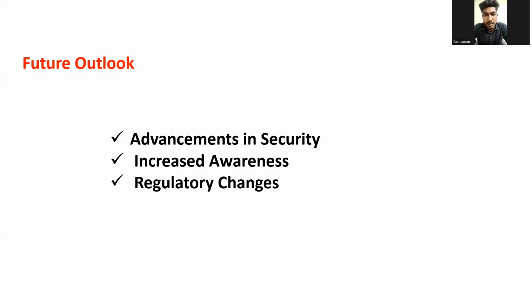Increased awareness: growing awareness of cybersecurity threats may lead to wider adoption of PGP. And similar to other encryption tools, regulatory changes in regulations and policies governing encryption may impact the use and development of PGP in the future.